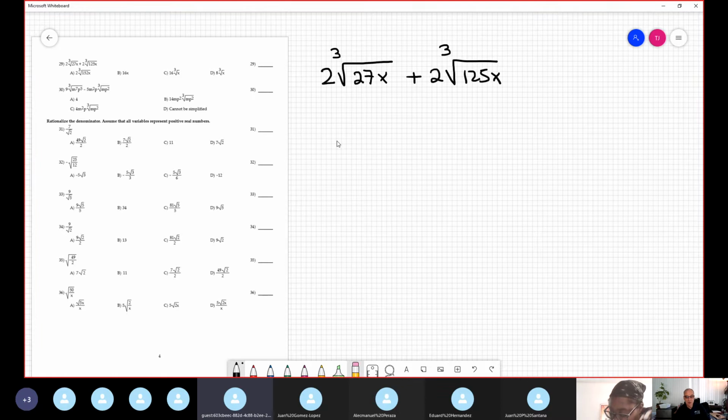This is easier because I know by memory that the cubic root of 27 is 3, and this 3 goes outside, and 3 and 2 together is 6. So 6 cubic root of x.